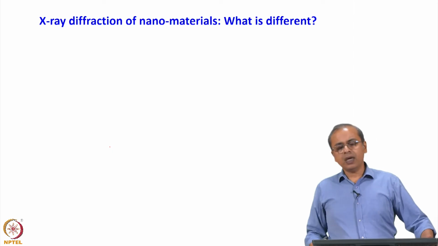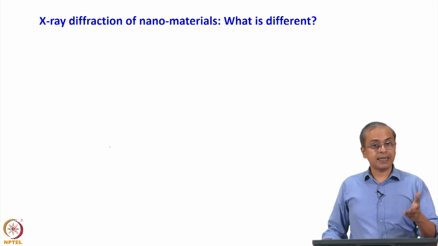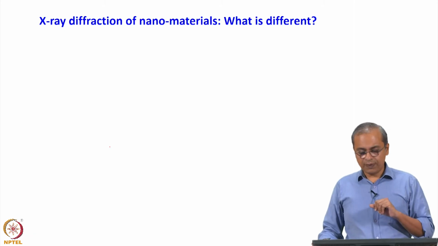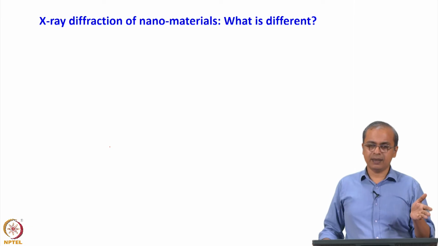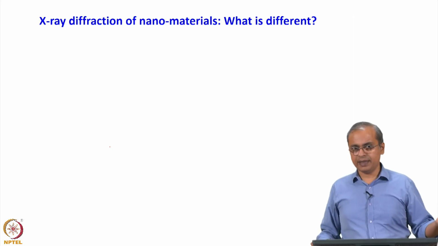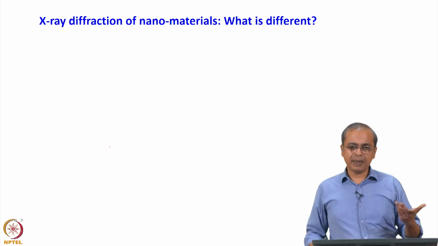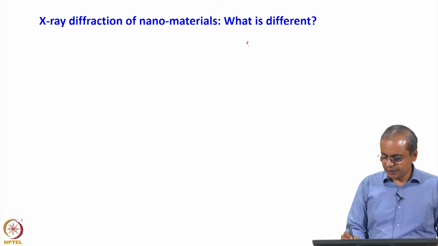Okay. So, now we have made this nanoparticle, we would like to do some characterization of it. One of the easiest techniques that is accessible to us in any material science department, metallurgical engineering department, is the X-ray diffraction technique, and the primary equation we use there is n lambda equals 2d sin theta.